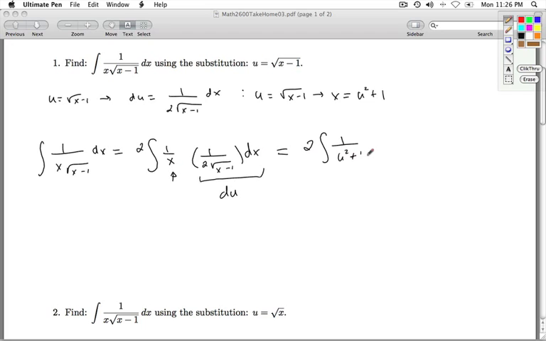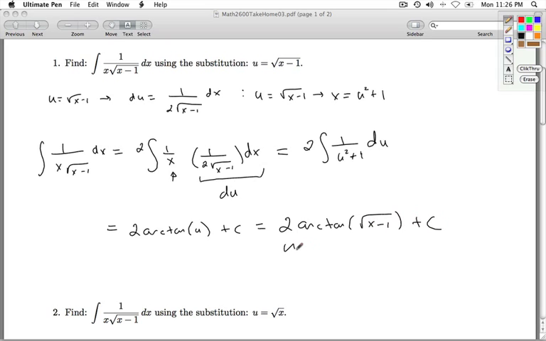And then the du is the rest of this garbage. And so this integrates out to 2 times the arctangent of u plus c, which is 2 times the arctangent of the square root x minus 1 plus c. And that'll do it for number 1.